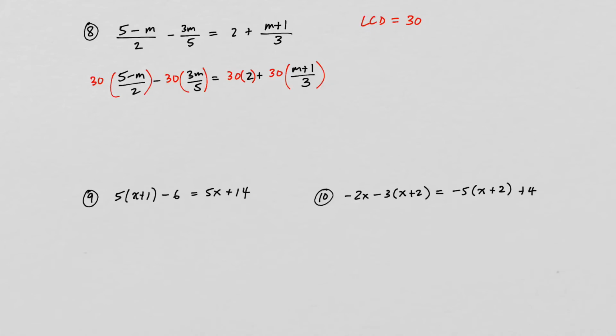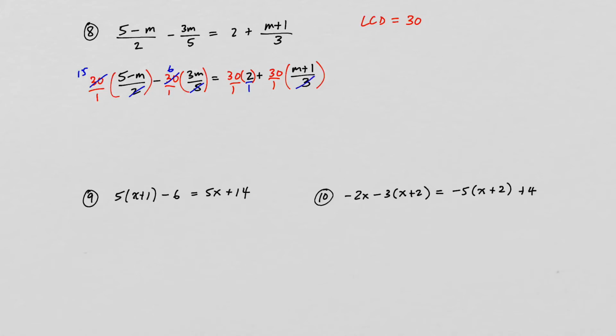And remember, the whole point of multiplying by the least common denominator is that you'll be able to do a lot of cross-canceling. So here, 2 goes into 30 15 times. Here, 5 goes into 30 6 times. Here, nothing cancels.